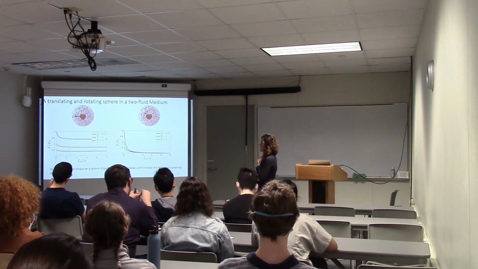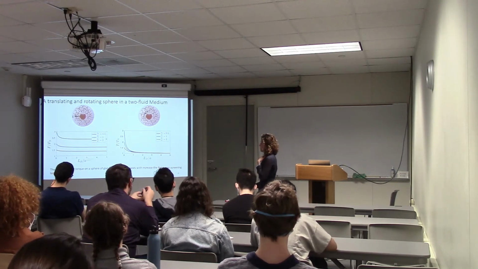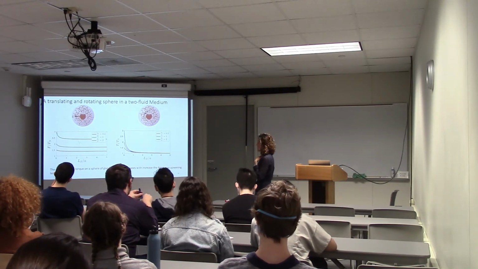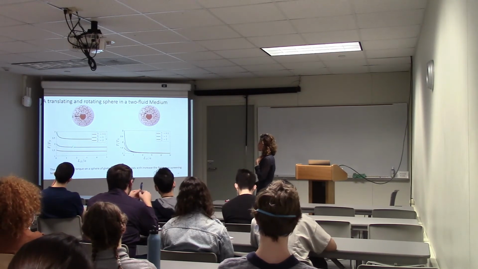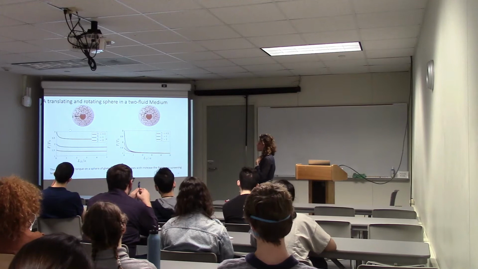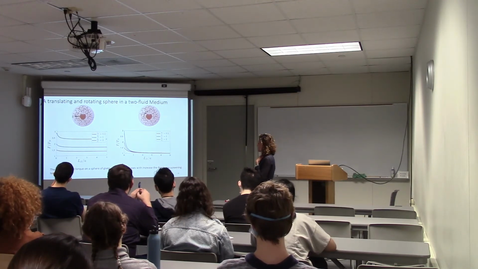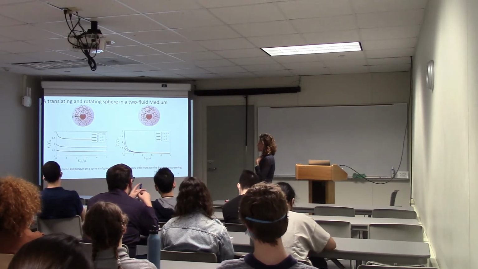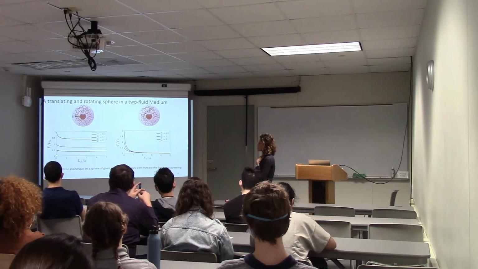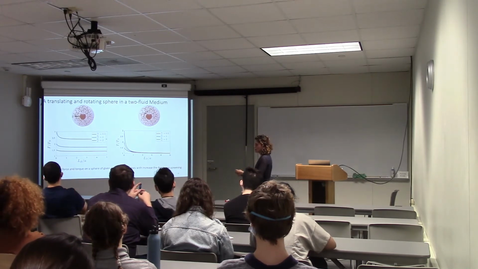You can see that this is the result as a function of the Brinkman screening length. I'm going to explain it in a second. But first of all, it's obvious that if I increase the viscosity of the polymer, the drag should increase, okay? But if I look at this decreasing trend, at the limit of L_B, the Brinkman screening length, going to 0, it means that there is no slip velocity.